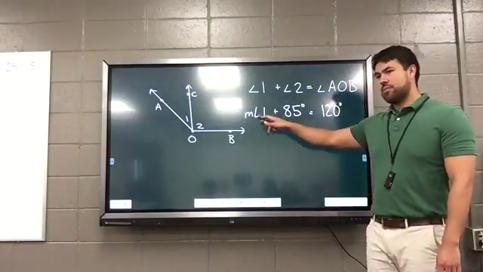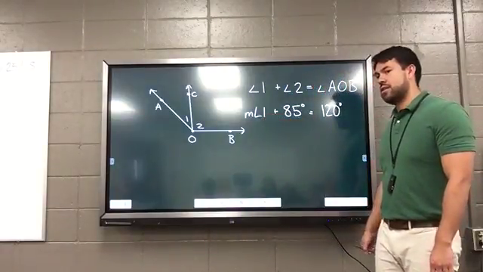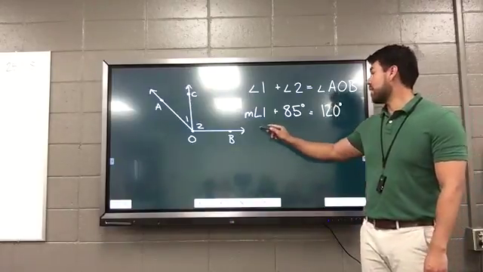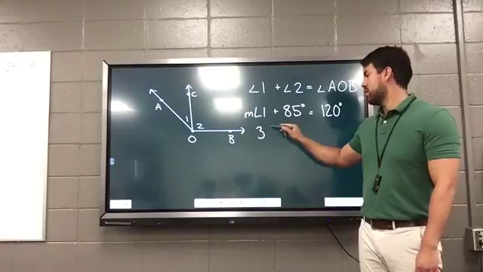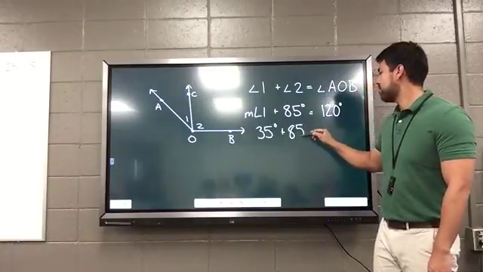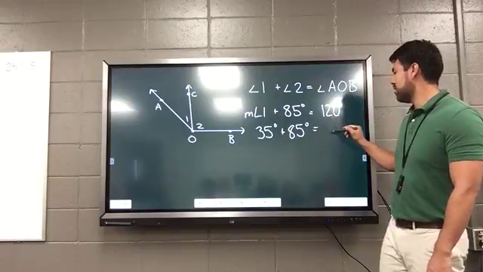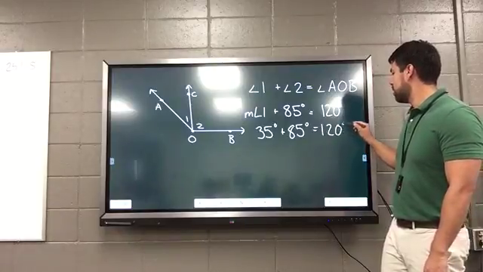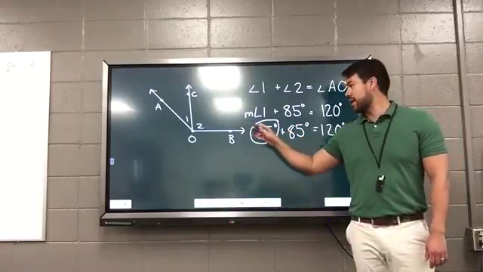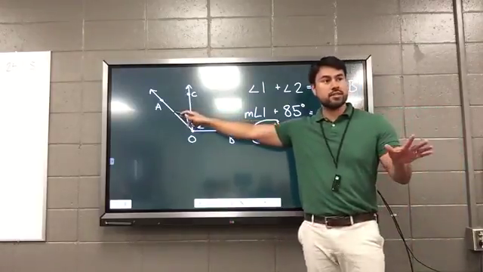Murphy, what'd you get for measure of angle 1? It's okay. I would have gotten 35. Because what's 35 plus 85? Anyone know? Okay, this number right here, whatever you got, was angle 1. Is that correct for you guys?